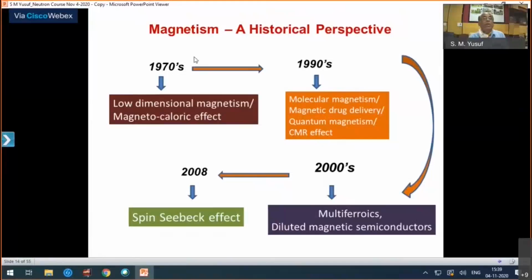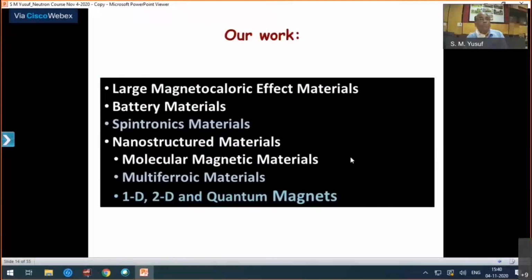So you see how various magnetic phenomena and magnetic materials were discovered with time. In our group, in Bhabha Atomic Research Centre, we have been working on various kinds of magnetic materials. Some are on the more fundamental side, for example, one-dimensional magnetic materials, two-dimensional magnetic materials, quantum magnetic materials.